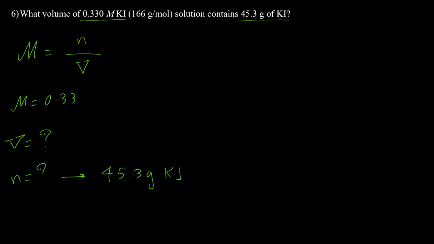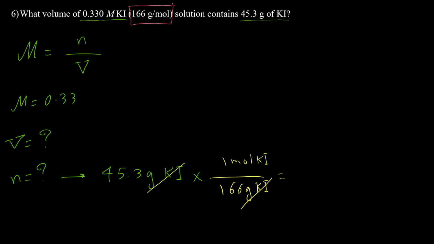45.3 gram of potassium iodide times 1 mole of potassium iodide is equal to 166 gram of potassium iodide. So grams are cancelled out and the answer is 0.273 mole. Right now we have mole and we have molarity, we can find volume.